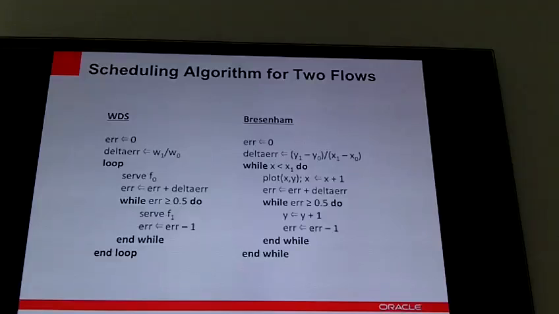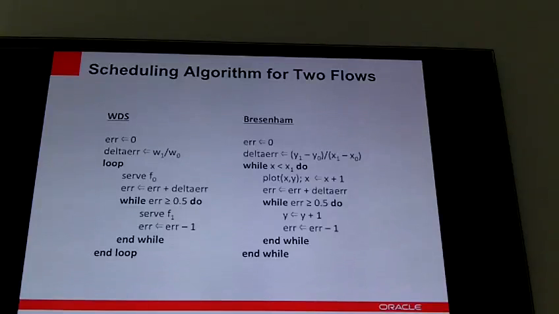Now I should say in this example, for the time being, I'm just looking at two flows. I'll later show how this can be extended to more than two flows. And if we look at the other differences, the increments of the coordinates, when in Bresenham we increment x, that corresponds in WDS to forwarding a flit from one flow, F0 in this case.